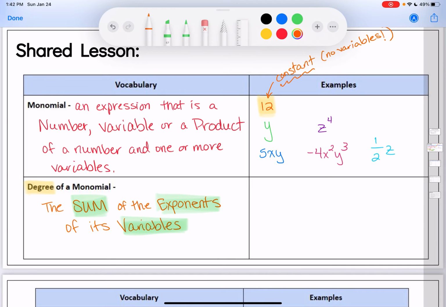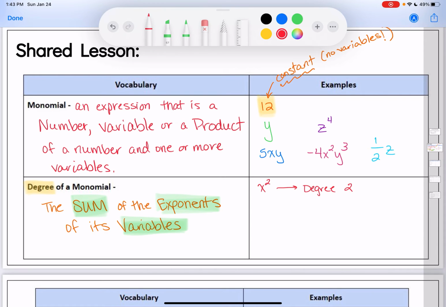So here's an example, and we're going to kind of start small and get bigger. So our first one would be, let's say that I have just the monomial x squared. The degree of that monomial would be 2, right? I'm going to write that out, degree 2, because its exponent is just a 2, and that's it. And that exponent is on a variable.